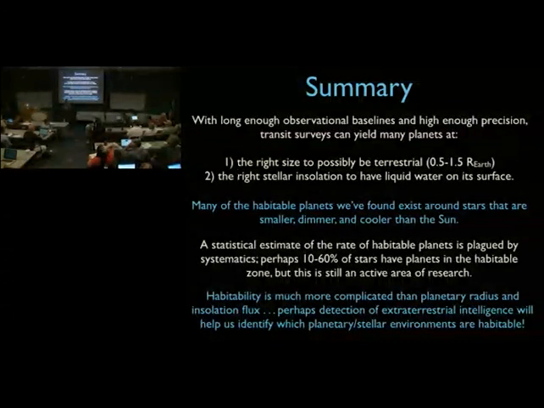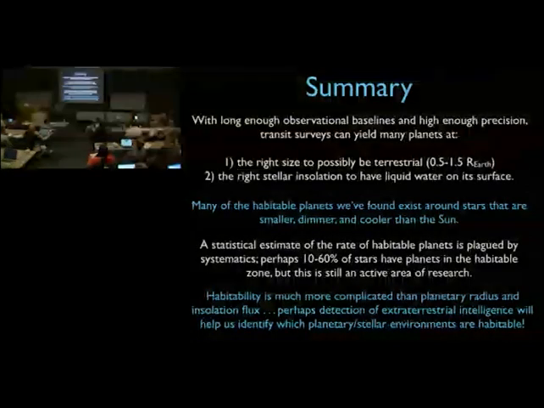I saw an interesting talk by Kevin Schlaufman recently, where he's also trying to infer the hydrogen fraction that might be around in terrestrial planet atmospheres, and claimed that if you take all of the low precision data, including upper limits that exist, you do find a higher fraction of small planets with hydrogen and helium envelopes, which he used to imply that they had to form earlier when there was still more gas.